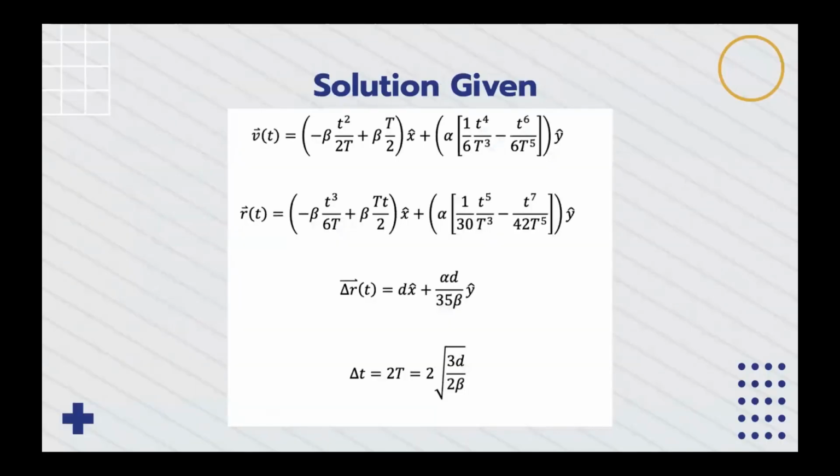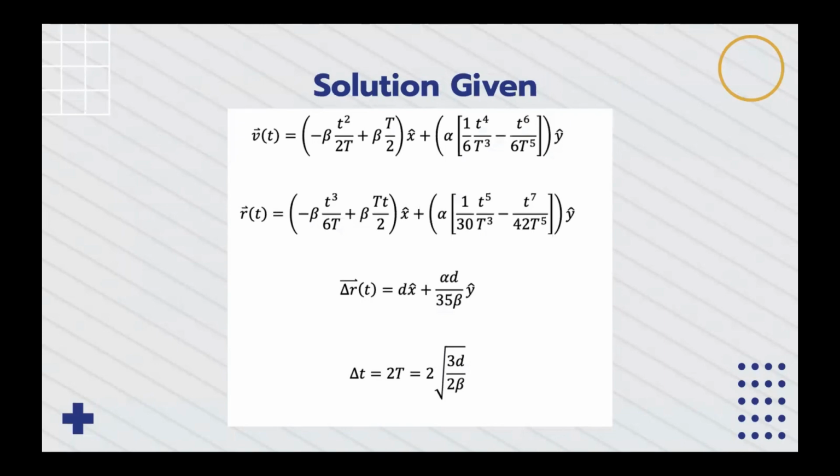So from the problem, we were given a solution in which we took both the velocity and the position vectors. And from what it looks like, we converted them into both a general net change in position, while also figuring out a general net change in time.